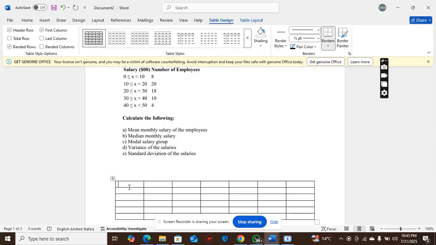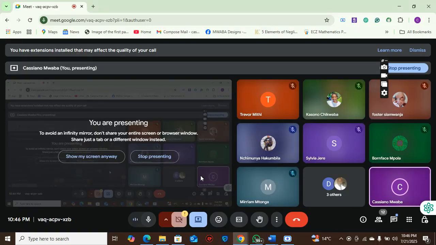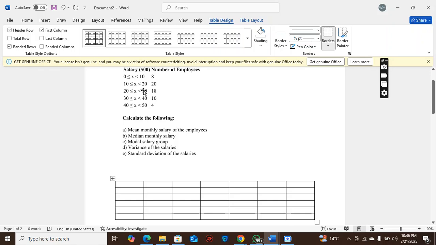What's the first thing we put in this table? What's the first item we put? No, we put the group, the classes.